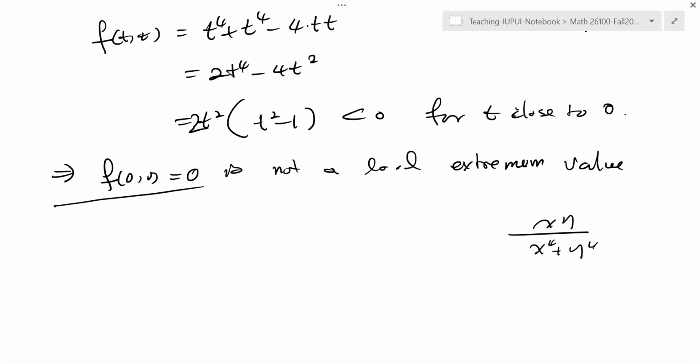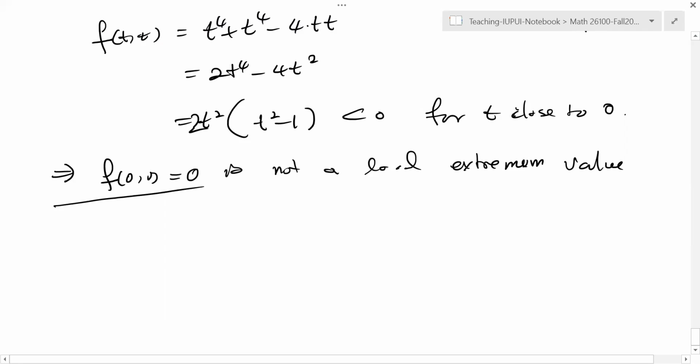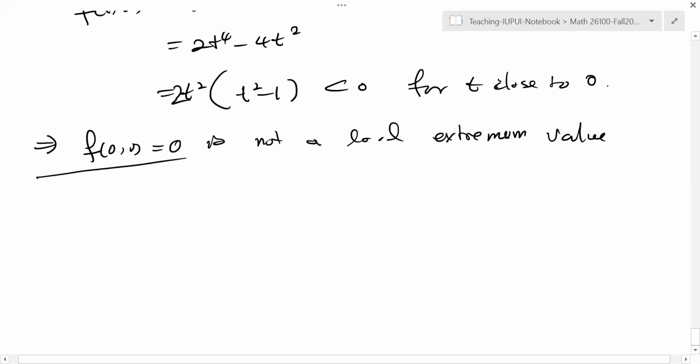If you show along some line the limit is infinity, then you get full credit. That's why when you look at the quiz score, you get 13 points instead of 15, because your proof is not complete.